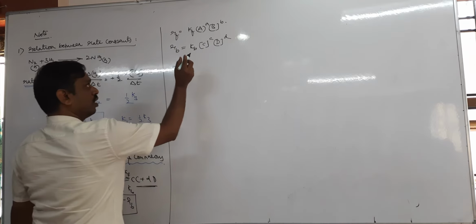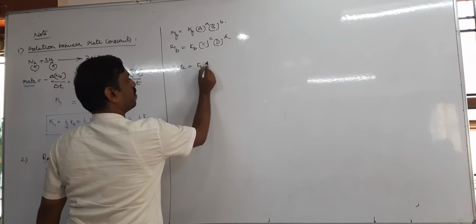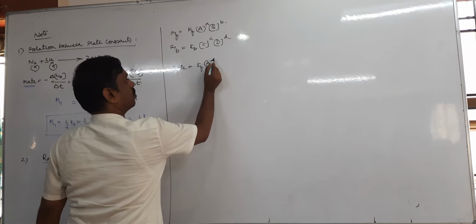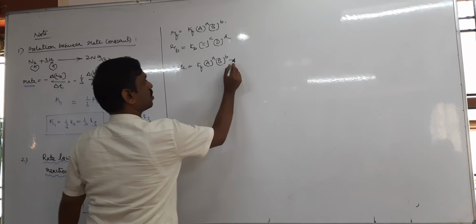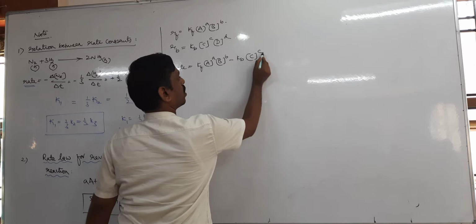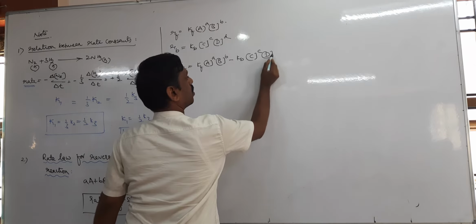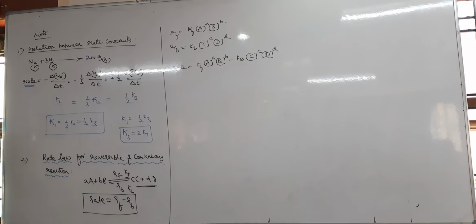It is forward minus backward, therefore Kf into [A] power a, [B] power b, minus Kb into [C] power c and [D] power d. This is for reversible reactions.